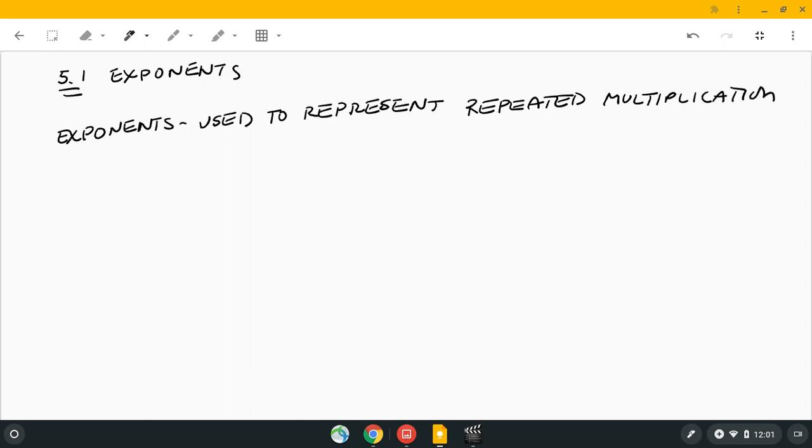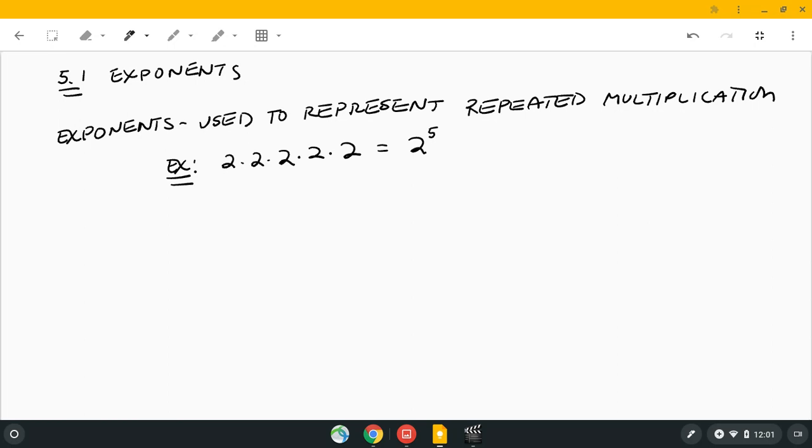Okay, so for example, if you want to do this multiplication 2 times 2 times 2 times 2 times 2, instead of writing it like that multiple times, you can just use exponents to represent that.